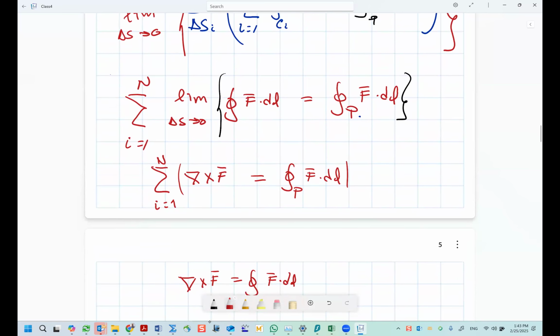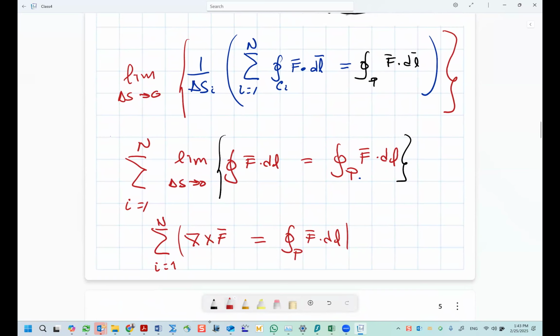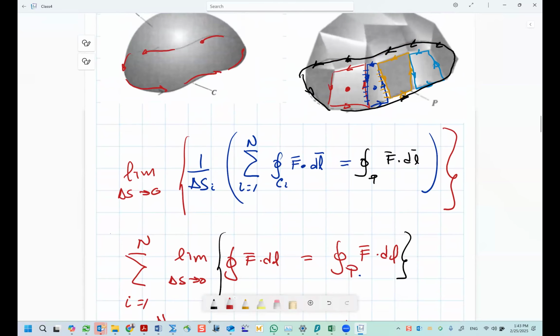Let me see, where is it missing here? No, I know where it is. I divided here, but I need to multiply for it here too. Delta Si.